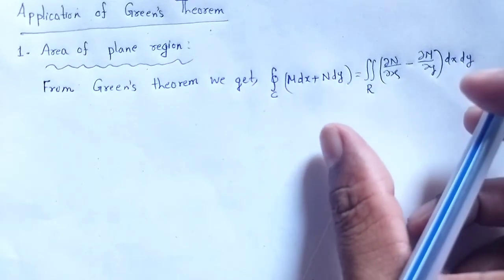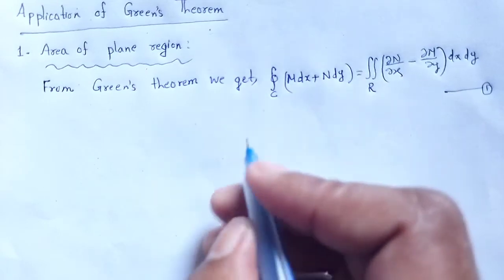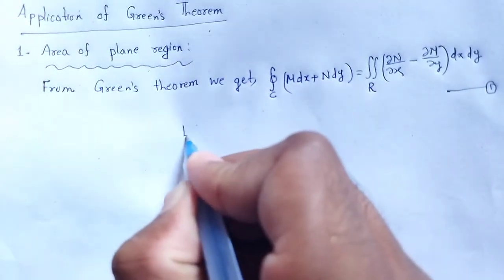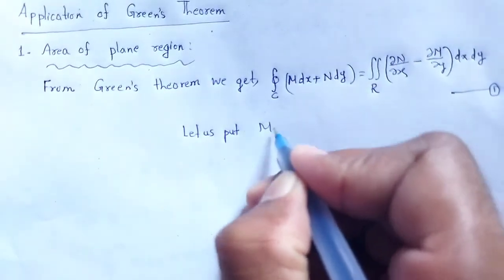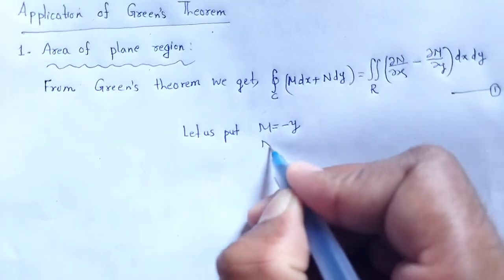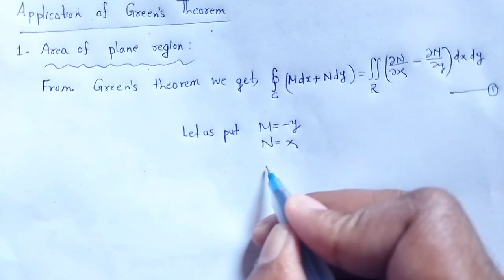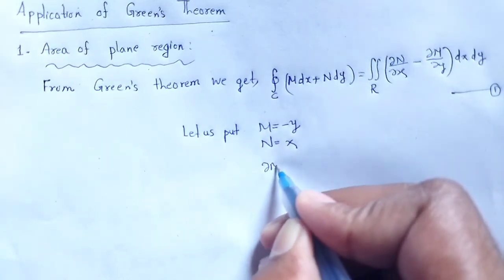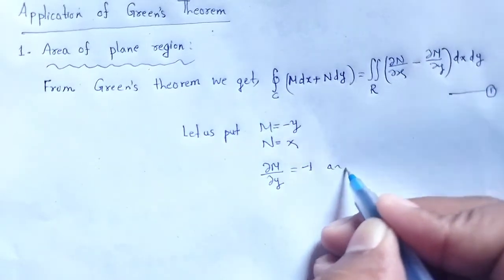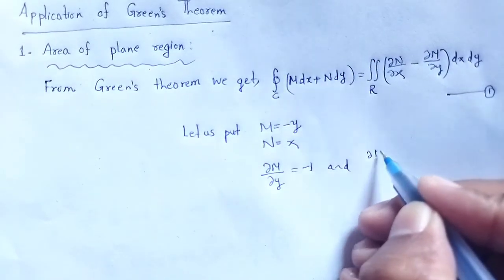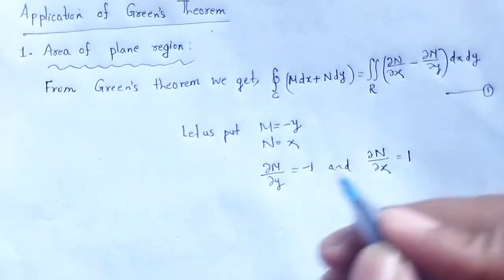This one is the Green's theorem. Let us call it equation 1. Let us put m is equal to minus y, n is equal to x. Then del m by del y will be minus 1 and del n by del x will be 1.